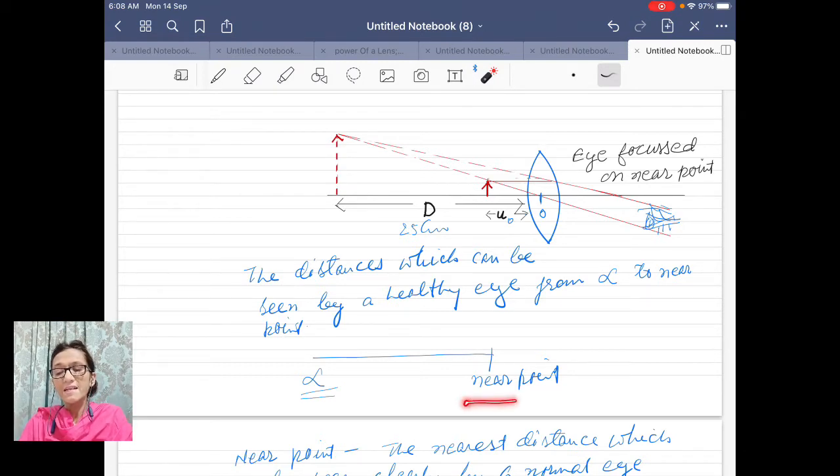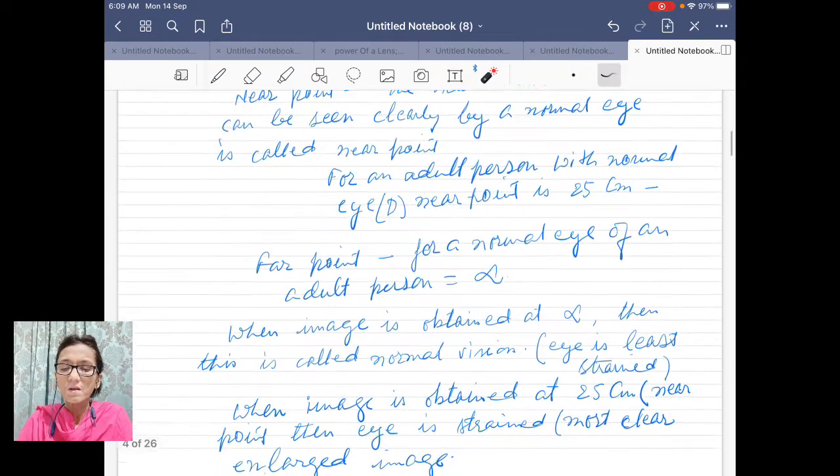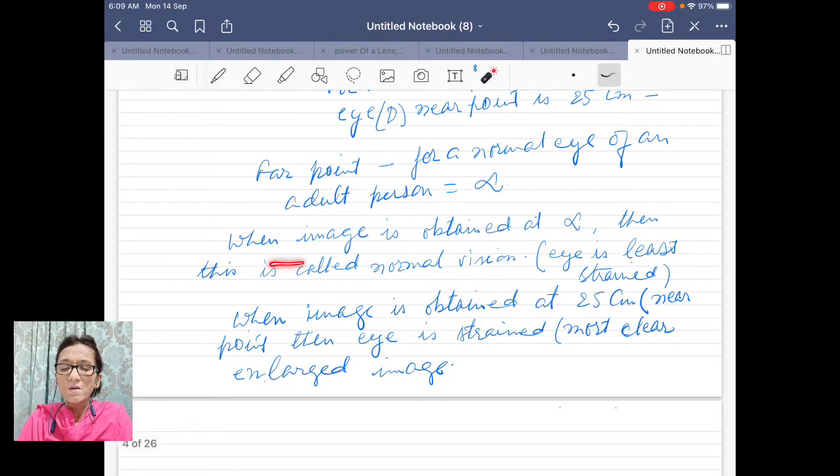When the image is at the near point, the image is largest, most magnified, but your eye is strained. And when the image is at infinity, normal vision, your eye is least strained, and you can feel it. It is a matter to feel by yourself.